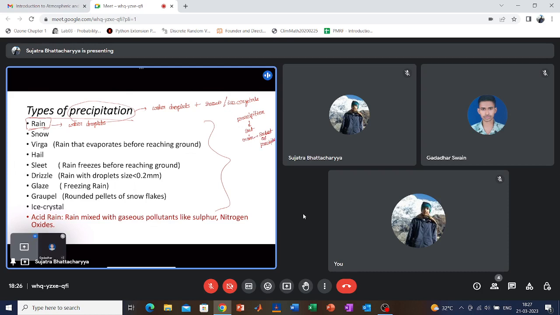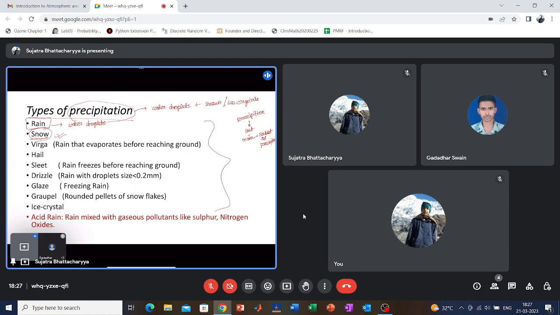Okay, snow. We have seen the Bergeron process for the high latitude regions. There the snowfall occurs, we all know, at very large height, when the cloud reaches there and the temperature is so low that there is a possibility of snowfall.